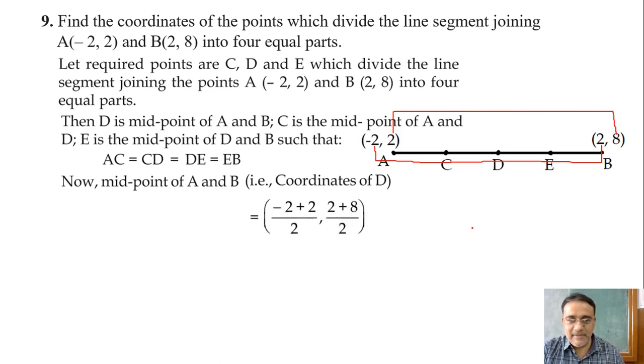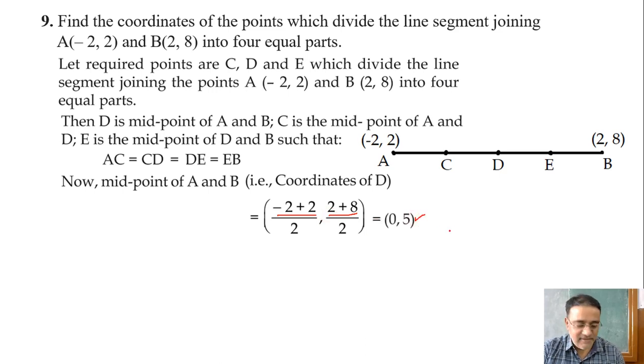So जल्दी से बताओ coordinates. 0 by 2 and this is 10 by 2. 0 and 5. 5, right, very good. Now we got the value of D. D मिल गया. अब C is the midpoint of AD.